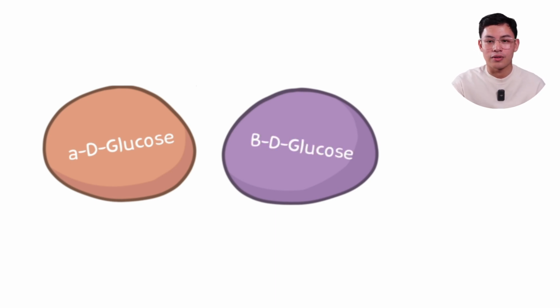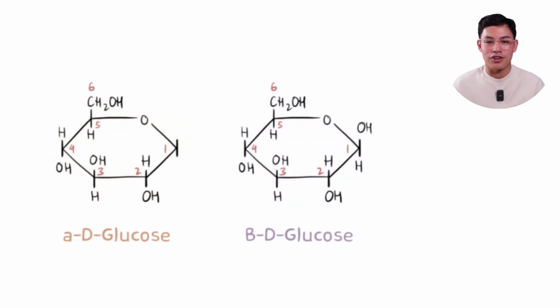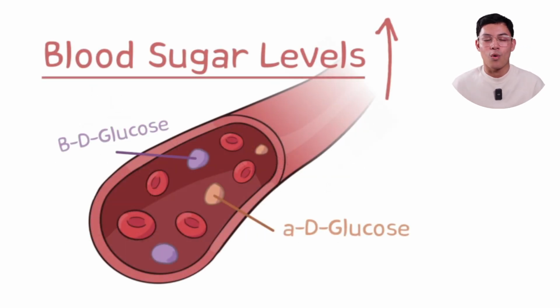It's important to note that these are anomers. They have different structures and therefore they're isomers. This also means that because they're isomers, they have different GI values, which is significant because this tells us that the one might be more quickly absorbed in the bloodstream than the other.